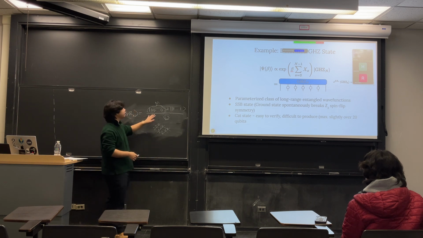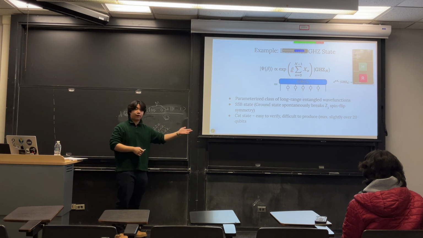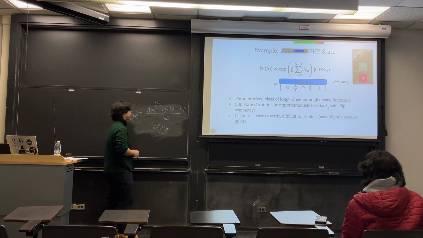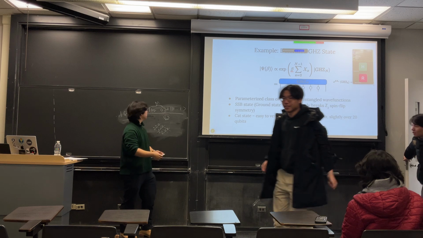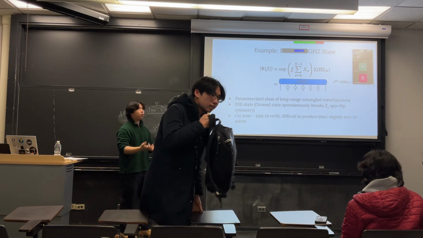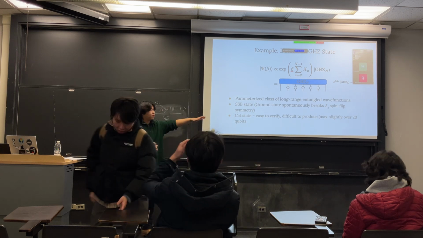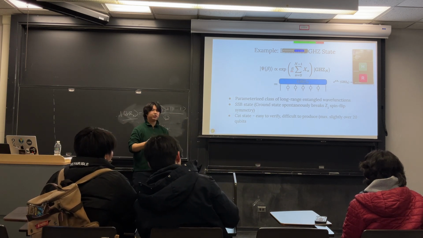The reason we're interested in the GHZ state and the cat states is because they're very easy to verify, but difficult to produce. So people use the GHZ state as a gauge to see how well, on given experimental platforms, you can create the states that you want. In fact, the maximum number of qubits used to create a GHZ state has been slightly over 20.